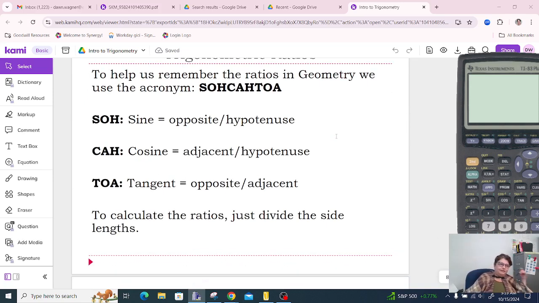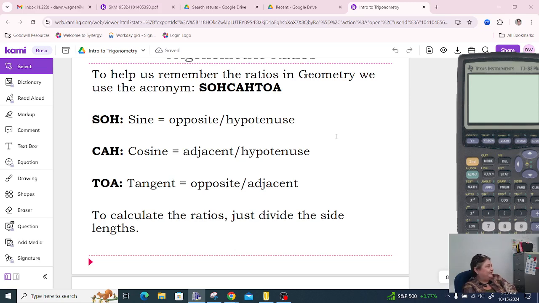Some people use the mnemonic aid of SOHCAHTOA to remember: sine equals opposite over hypotenuse. Cosine equals adjacent over hypotenuse. Tangent equals opposite over adjacent. Do you see SOHCAHTOA?